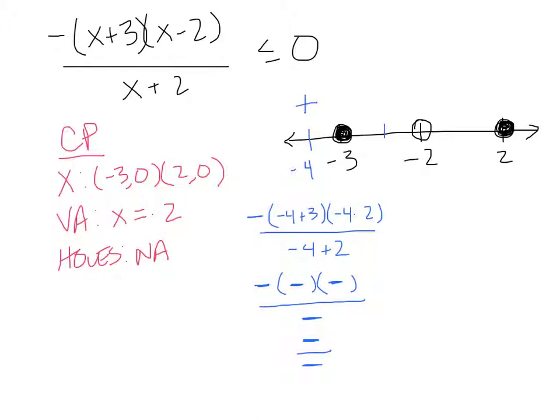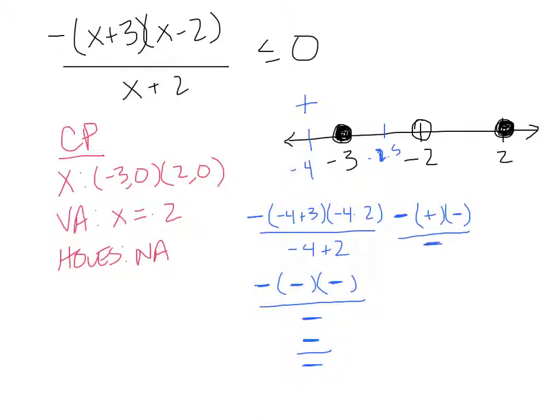The next one, I'm going to have negative 2.5 as my test point. So that means we need to think about plugging that in and what those signs would work out to be. I have a negative times negative 2.5 plus 3 is a positive. Negative 2.5 minus 2 is a negative. Over negative 2.5 plus 2, which is a negative.